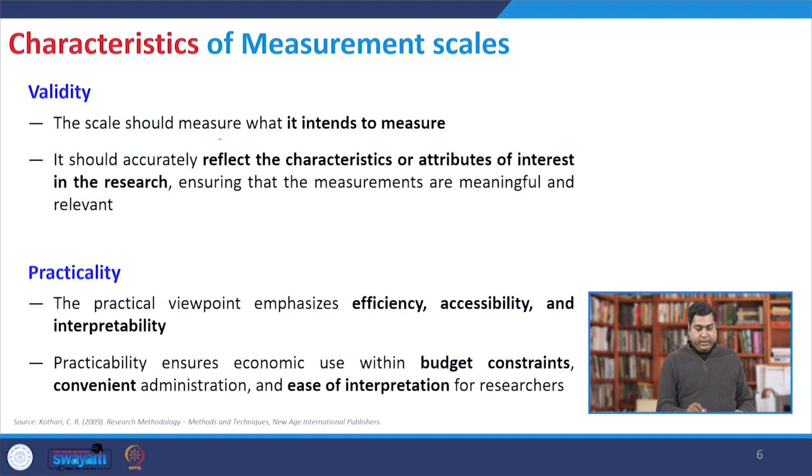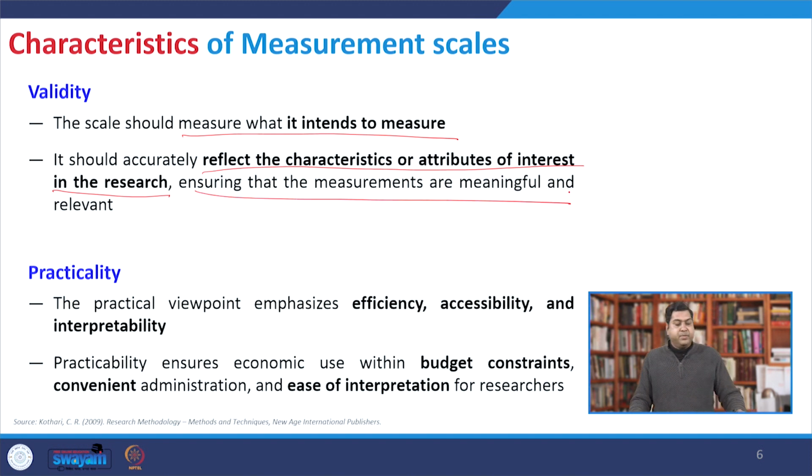The scale should measure what it intends to measure. It should accurately reflect the characteristics of the attribute of interest in research, ensuring the measurements are meaningful and relevant, so that my purpose of doing the survey or measuring that particular attribute will be fulfilled.